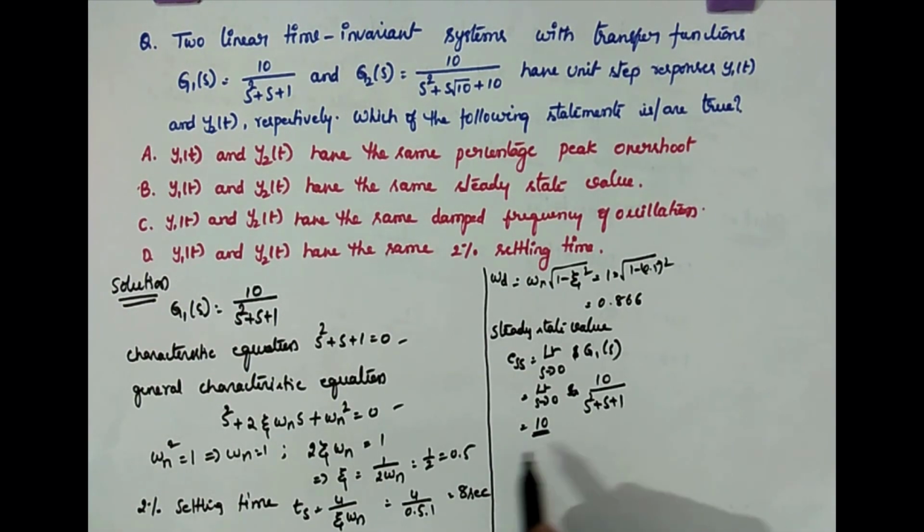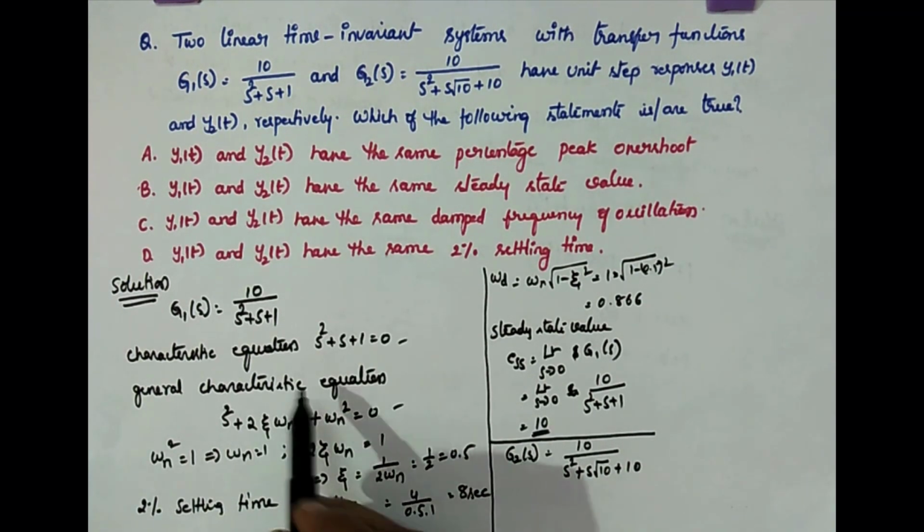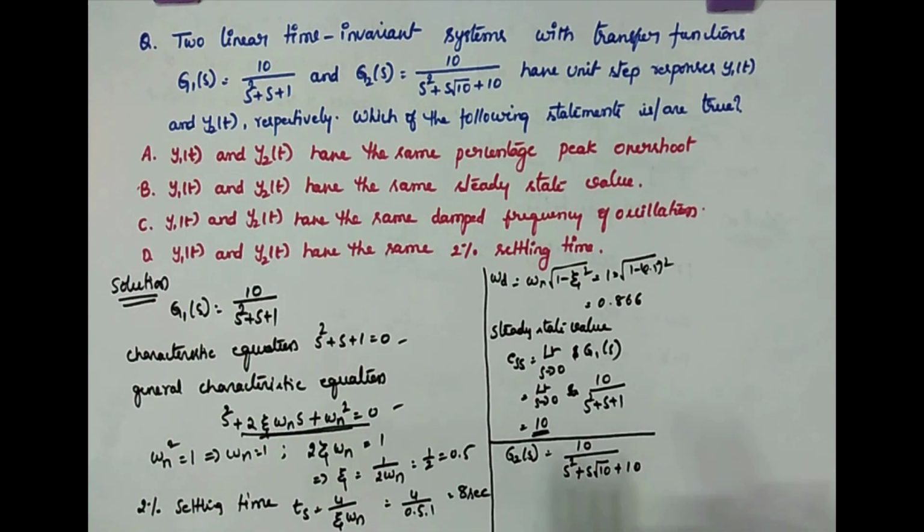Now consider the second case, G2(s), that is 10/(s² + s√10 + 10). Now compare this with the general expression. The characteristic equation is s² + s√10 + 10 = 0.